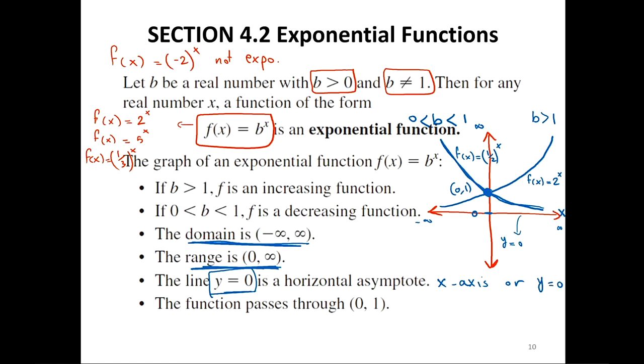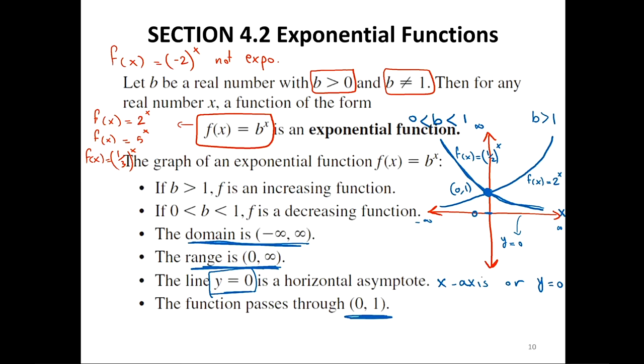Horizontal asymptote means the exponential function gets close to this horizontal line, but does not intersect with it. So we cannot find a negative value of the exponential function. The range is from 0 to infinity, so all the values of f of x in an exponential function are positive.